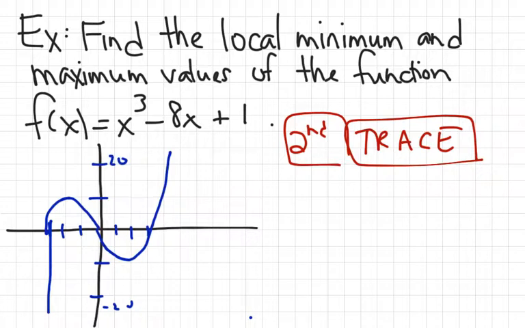Now, when you do that, the bottom of your screen is going to prompt you to identify a left-hand bound. Well, move your cursor so that it's somewhere to the left of the hump, and then hit enter. So it locks in that ordered pair. Then you move your cursor over to the right-hand side, and you hit enter again.